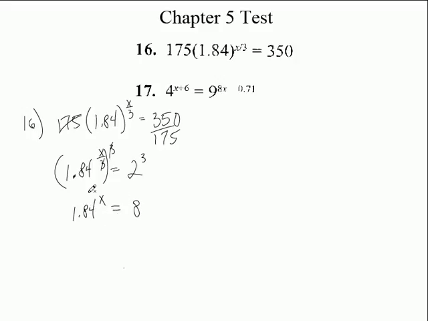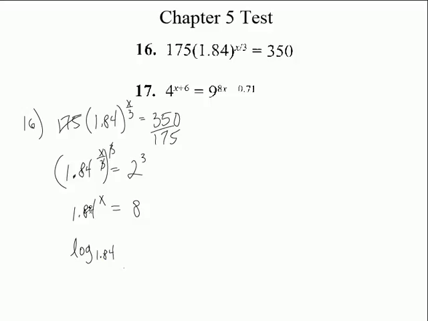This is an exponential form. Remember we had a problem earlier where it was in logarithmic form and we changed it to exponential. This time we're going to go the other way. So it's going to be log base, what's your base? It's 1.84, so we make it little and put it down here.